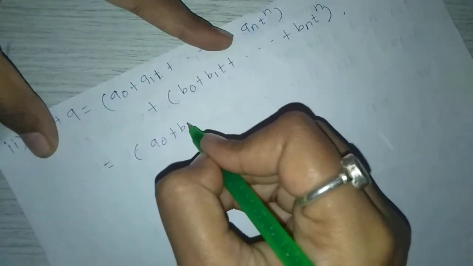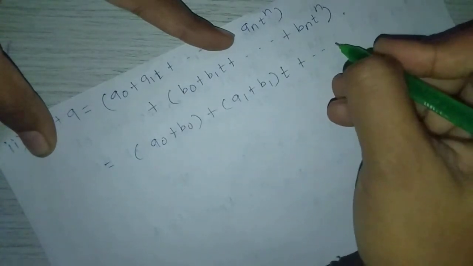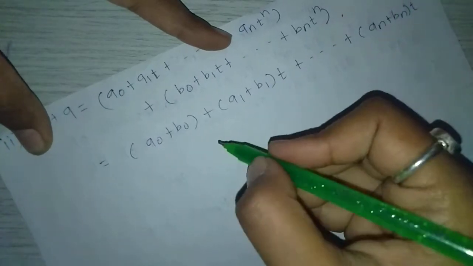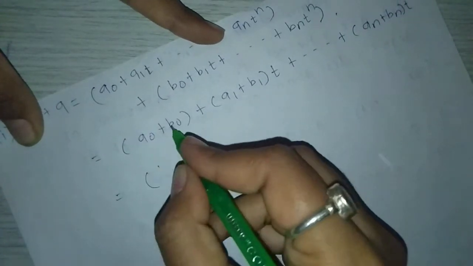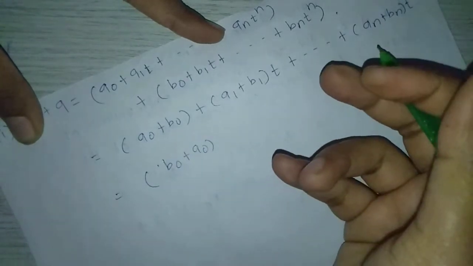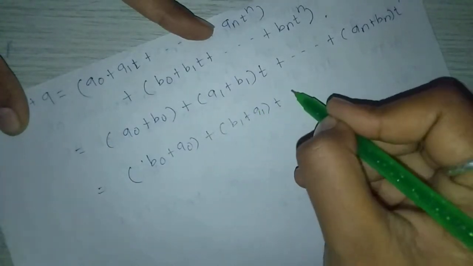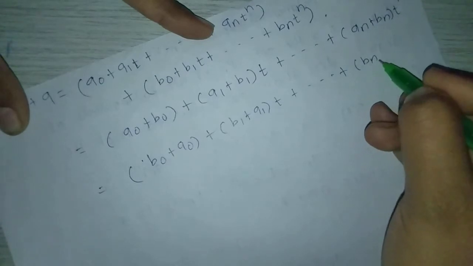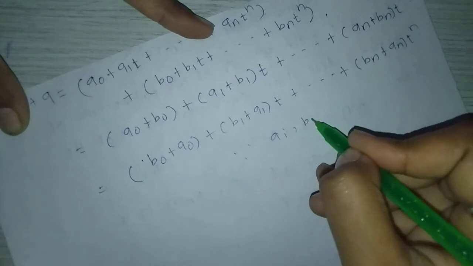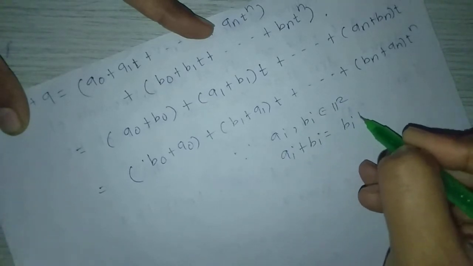That gives a0 plus b0 plus a1 plus b1 t plus and so on plus an plus bn t raised to n, equal to a0 plus b0 which can be written as b0 plus a0. Similarly for a1, b1, an, bn: b1 plus a1 t plus and so on plus bn plus an t raised to n. Since ai, bi belong to R, ai plus bi equal to bi plus ai.